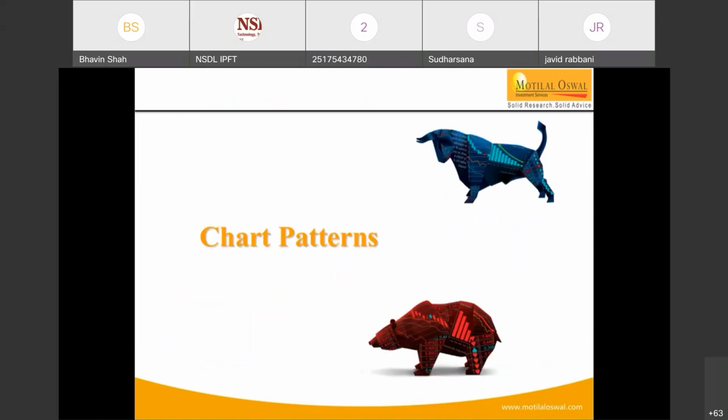Now, moving on to the chart patterns. There are a lot of chart patterns, and these chart patterns help us identify a stock which is in momentum, or a stock which has given a nice breakout and is going to do well in the coming trading sessions or the coming weeks or months.